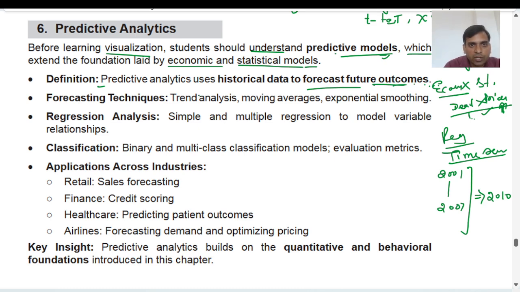Forecasting techniques: trend analysis, moving average, exponential smoothing. Basically, trend analysis is to find the trend. Just like we considered data from 2001 to 2007, if we get a graph like this, an increasing pattern, you can find the trend value in future. The quantity will increase or decrease, and you can find it easily by using these forecasting techniques.